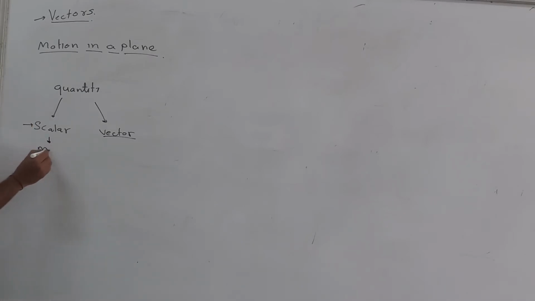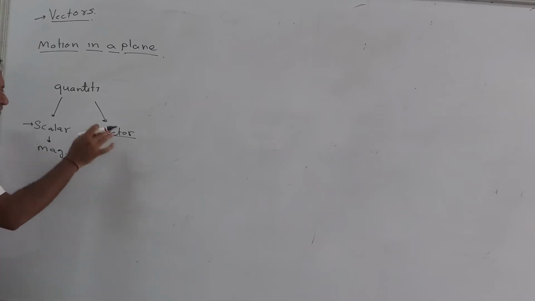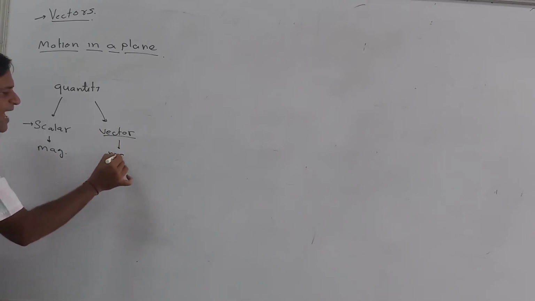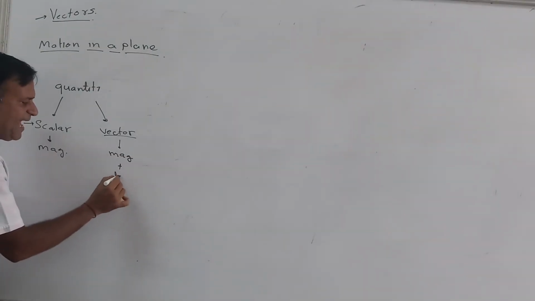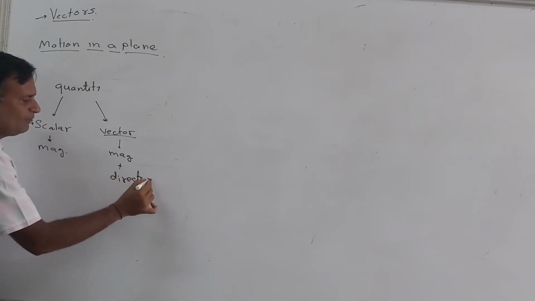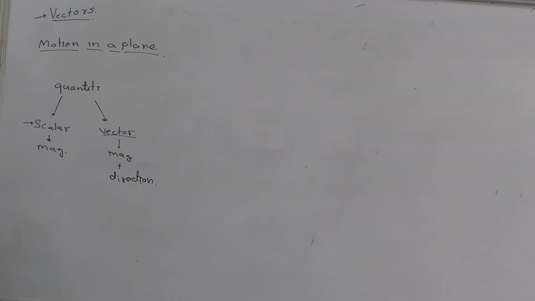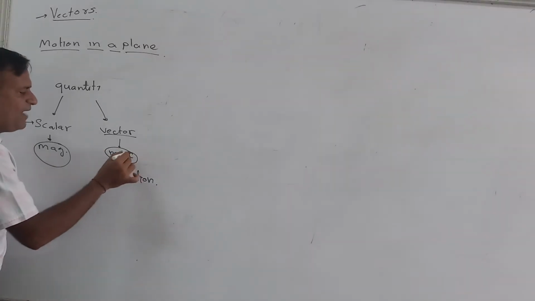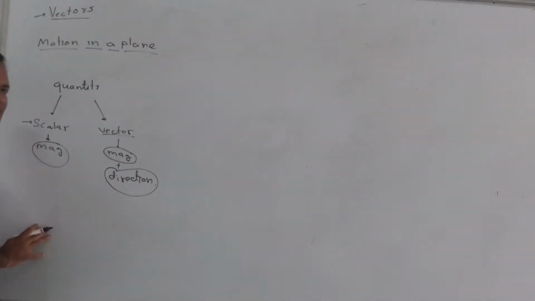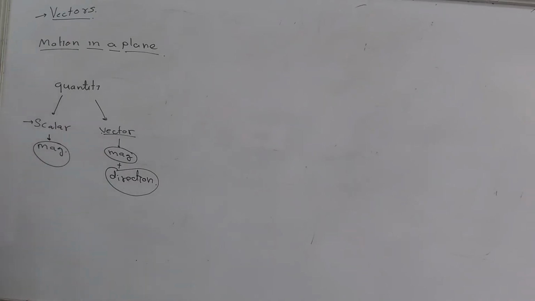Something which is having a magnitude, that is a number only. And what is a vector quantity? It is having a magnitude plus it is having direction also. Okay, so if something is having only the magnitude, it is counted as scalar, and if something is having magnitude as well as direction, it is to be taken as a vector quantity.